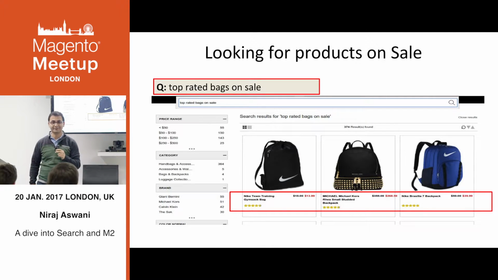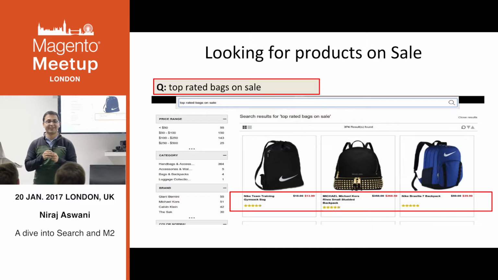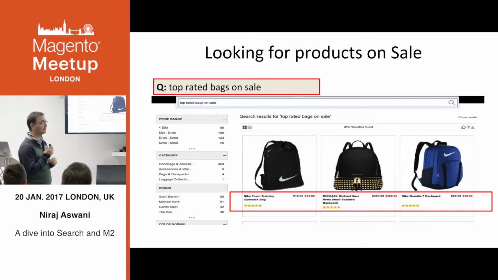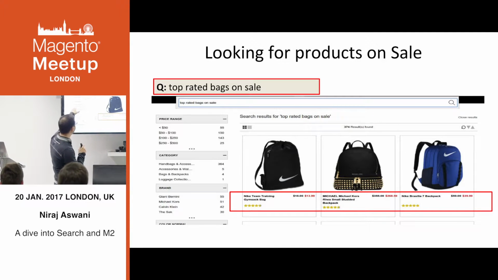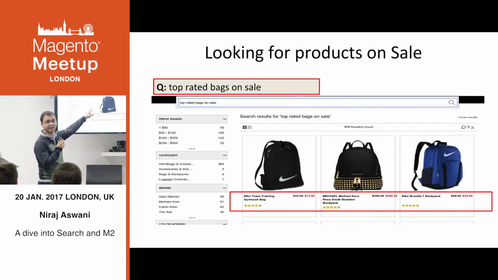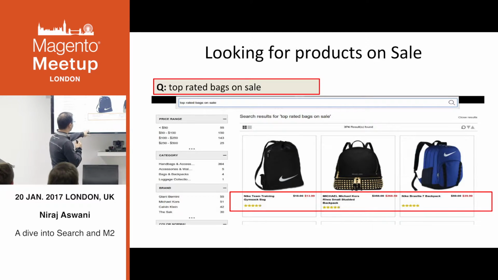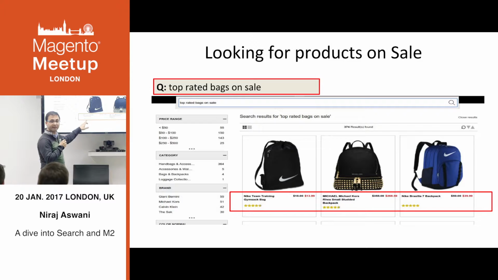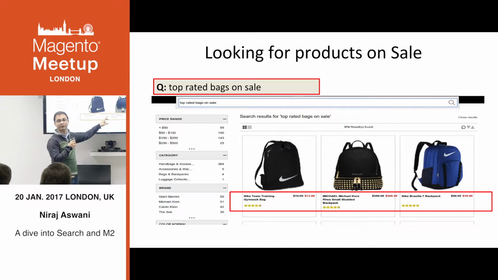Well, people want something on sale or on bargain or something that is available on discount. So they may write top rated bags on sale. And now you continue to show the top rated things, but you want to show the products where you've got some discount available.